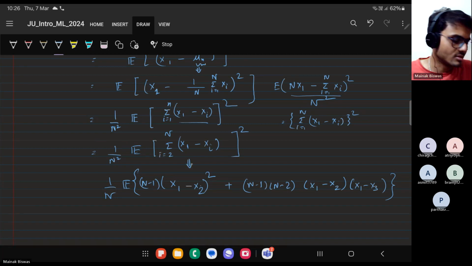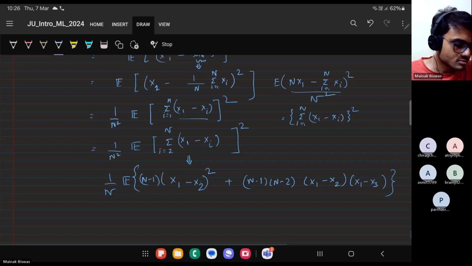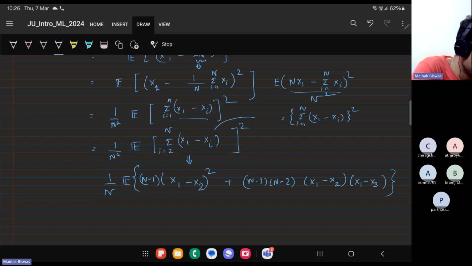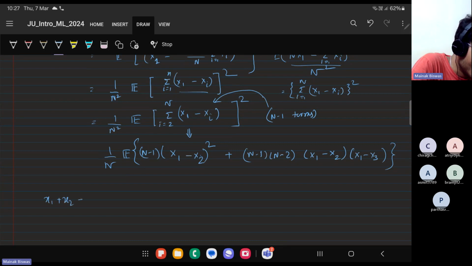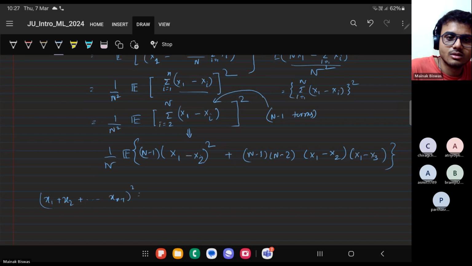Next step. There are n minus 1 terms, right, inside? So what is the square of n minus 1 terms? x1 plus x2 up to x n minus 1, whole square. What is it? One square, then take two at a time.